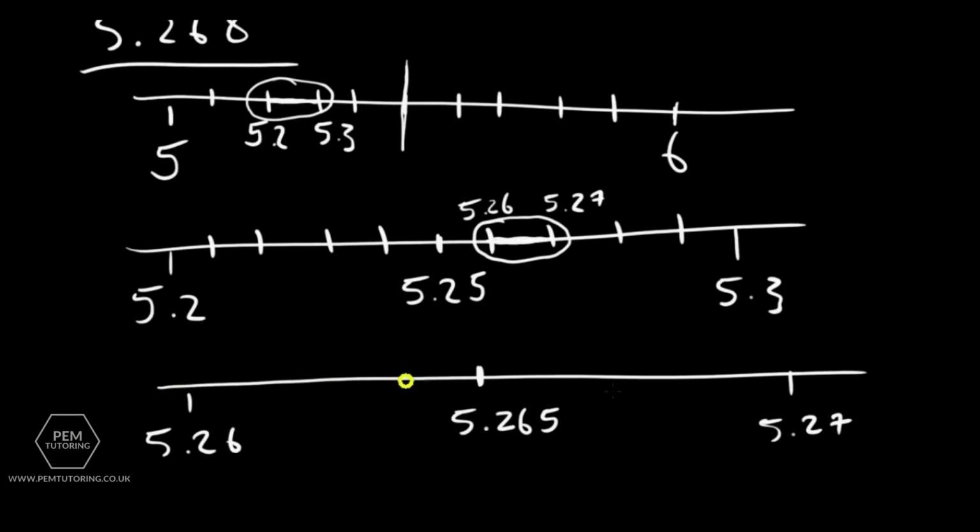So if we now divide this into 10 equal divisions, each division is going to represent a 1,000th, okay? Because we've now zoomed into a 100th, and then we've divided that into 10 divisions. So that means each division is going to represent a 1,000th.